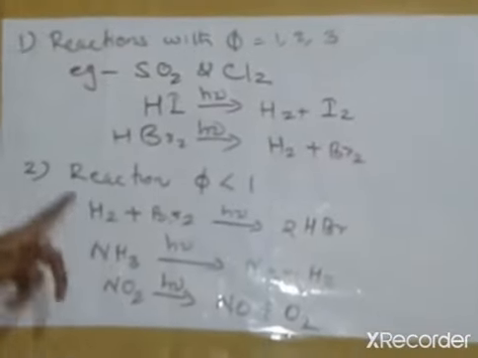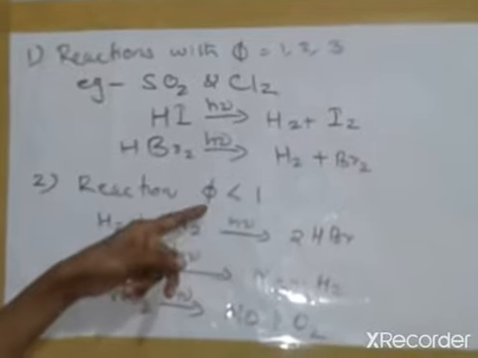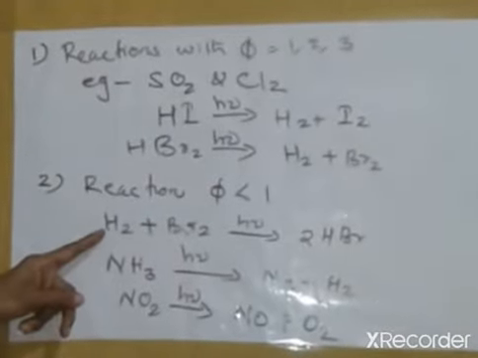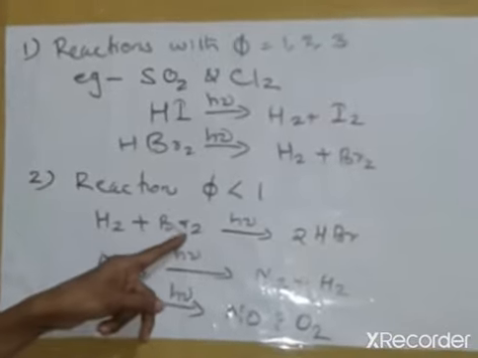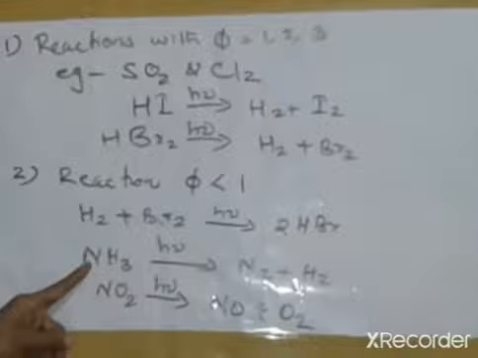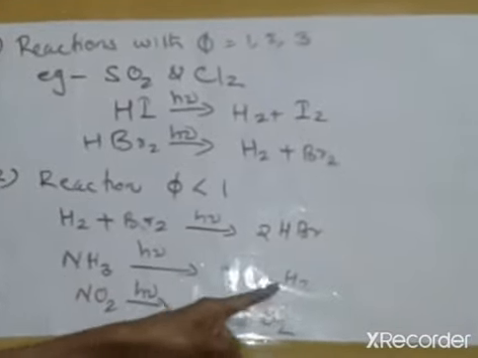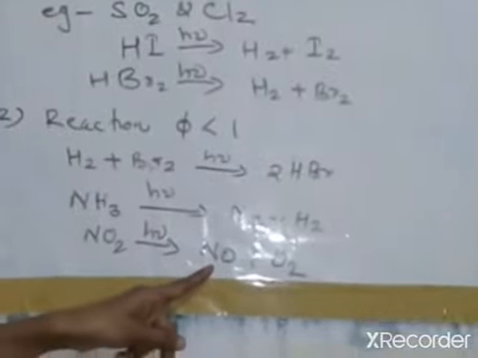This is the second type of reactions, having quantum yield less than 1.